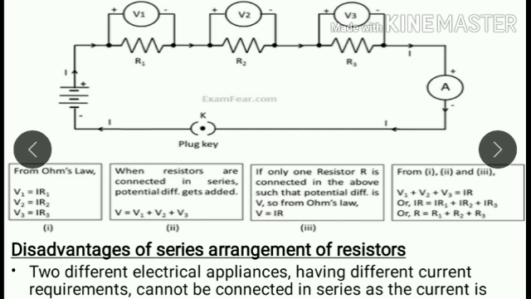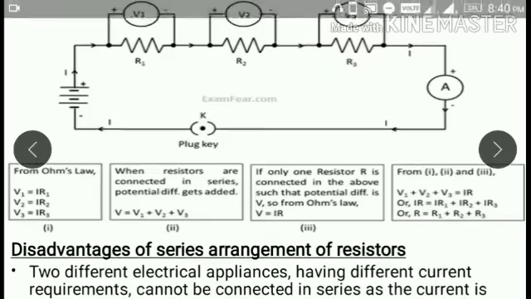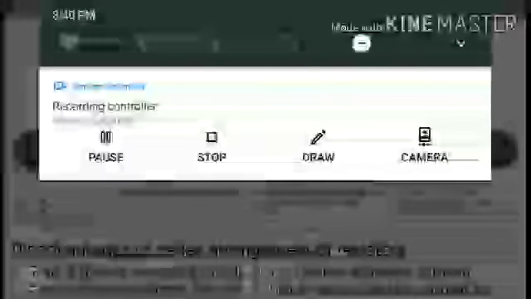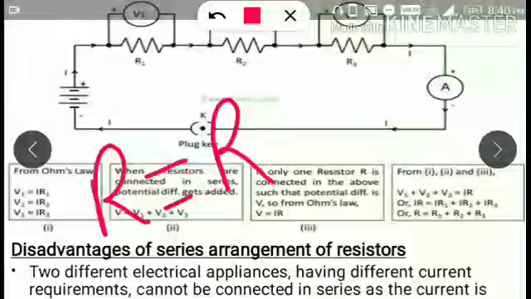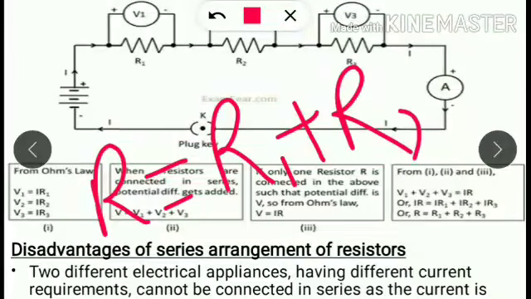If only one resistance is connected, with no other resistance, then that is the case. The most important formula for the resistance is R equal to R1 plus R2 plus R3.